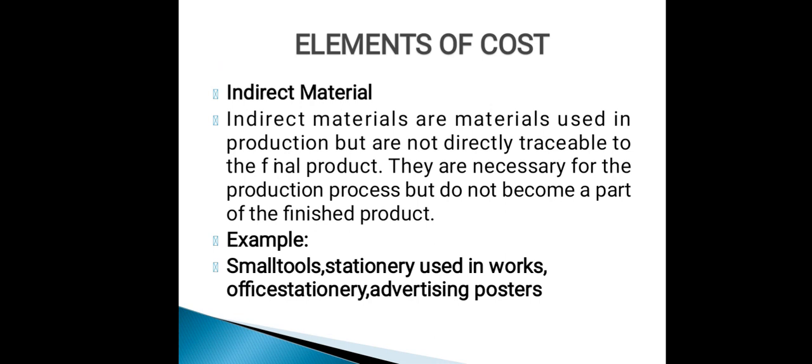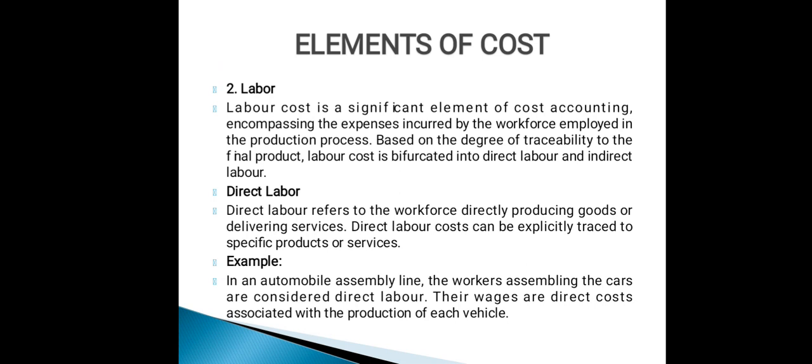So we are not able to find out the cost of the indirect material for each unit, but we are able to find out the indirect cost for the finished product. Examples of indirect material are stationery used in the office, advertising posters, and small tools used in the manufacturing unit.